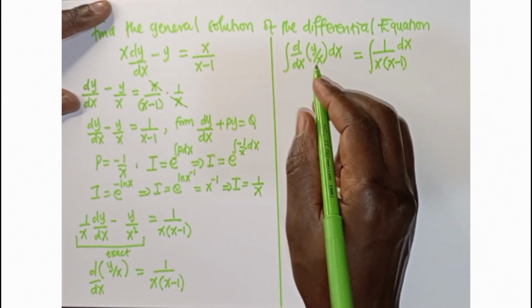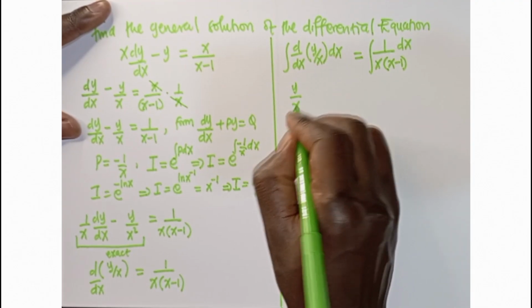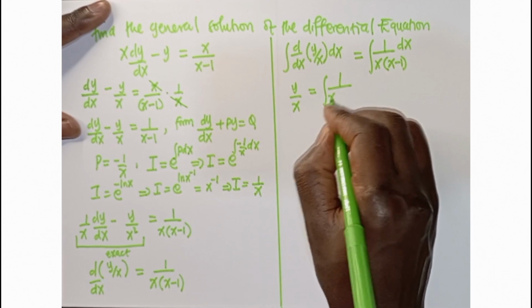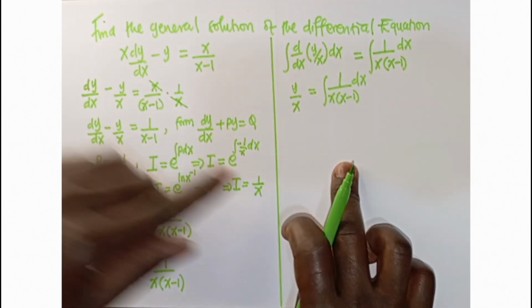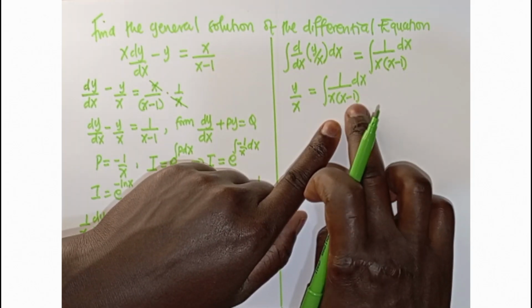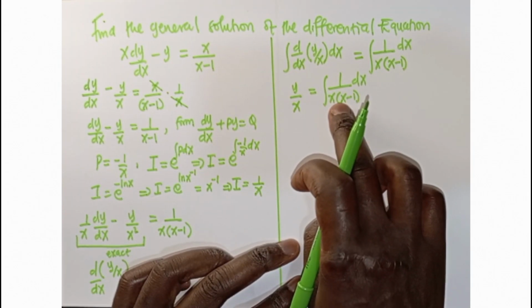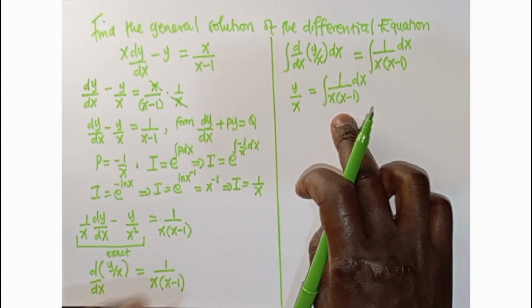So y out of x is actually equal to the integral of 1 out of x into x minus 1 dx. Now, when you clearly see this, this is a partial fraction. So we can integrate this using partial fraction. We first decompose it and then integrate it.